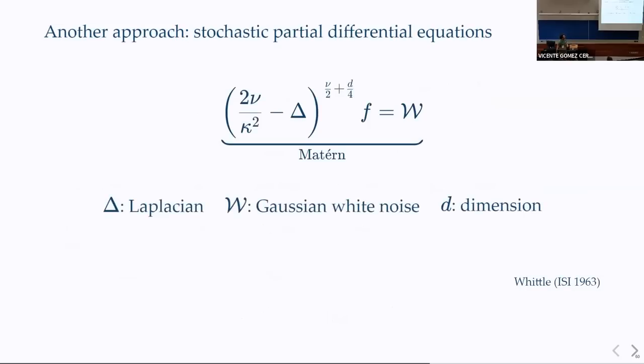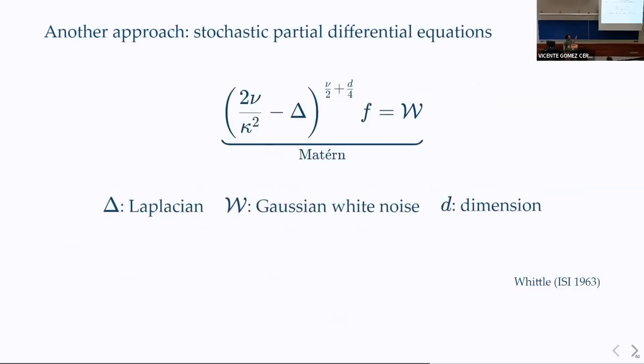So there is another approach in which you can tackle this problem, which is based on stochastic partial differential equations, which in this specific instance are not that scary as they usually are. And it also goes back very long in time.